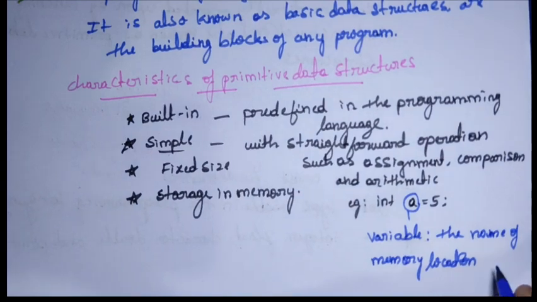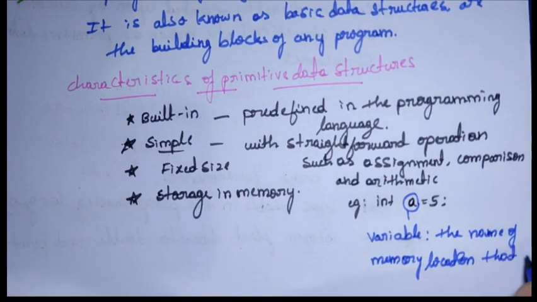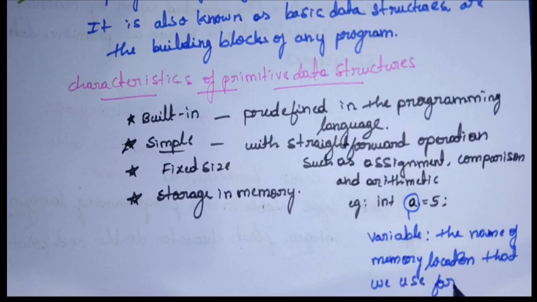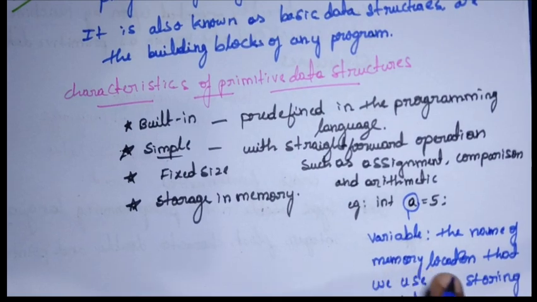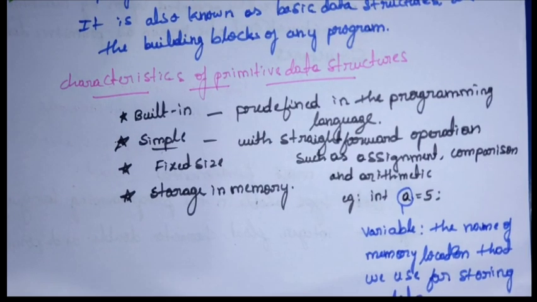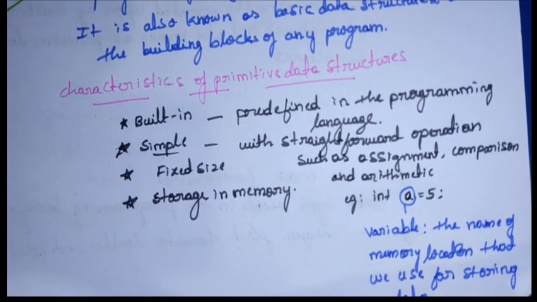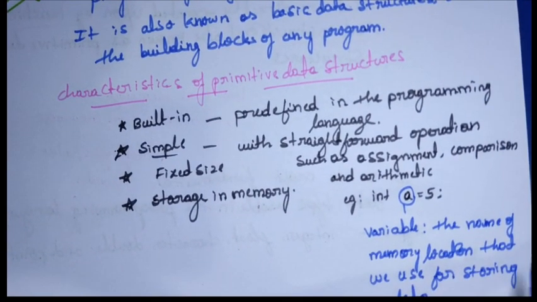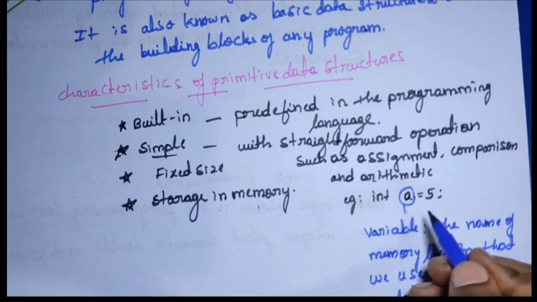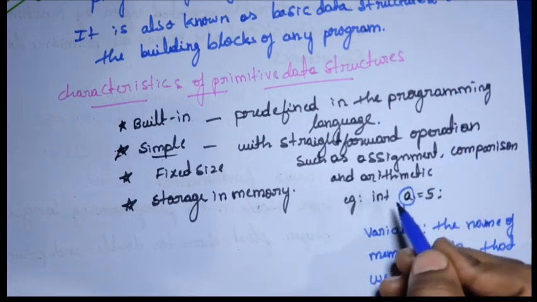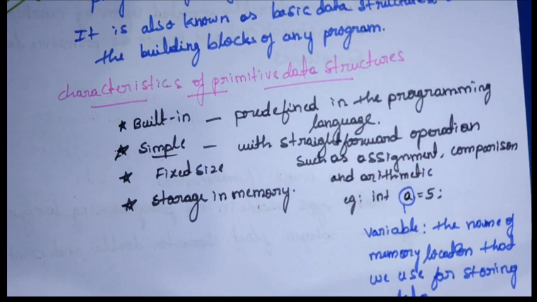Variable means the name of the memory location that is used for storing data. So here I am assigning the value 5 to the variable a. It's an easy way to assign a value to a variable.